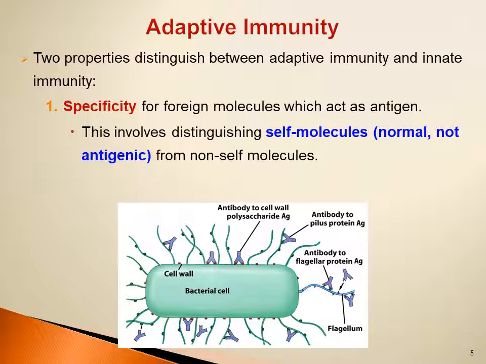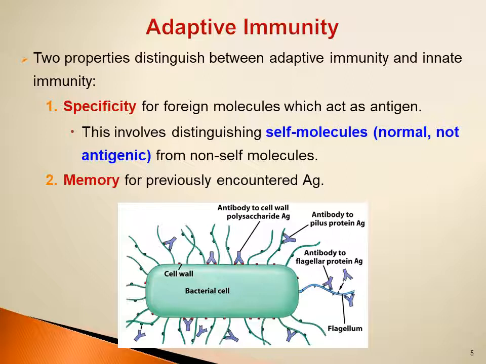Another feature that distinguishes the adaptive immune response from the innate immune response is the memory. The adaptive immune response develops memory for previously encountered antigens. So on the next encounter, the immune response will be faster and more efficient in eliminating that antigen.